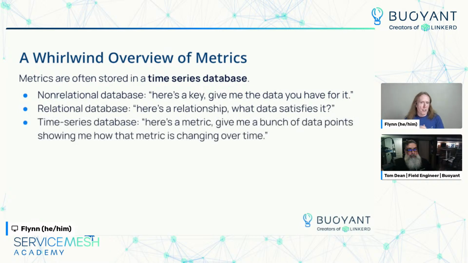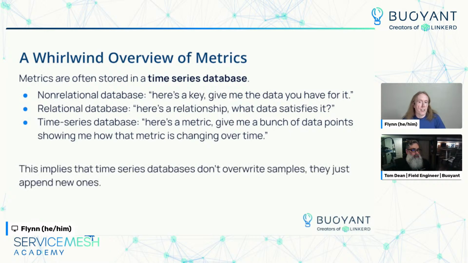Time series databases are weirder: here's a metric, please give me a ton of data points that show me how it is changing over time. One of the interesting implications here is that time series databases are basically never going to overwrite data. They just keep adding new data points for the metric as time goes on. When we talk about storage briefly, we will talk about the critical exception to what I just said.